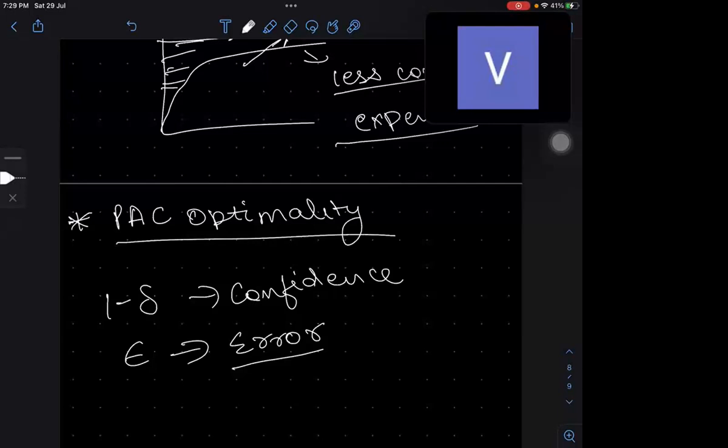You can get to know many things, and I'll also give you a direction on how you can achieve that. Do you want me to go deeper into PAC optimality, or proceed further in the next lecture? Sure, ma'am, you can discuss in detail.